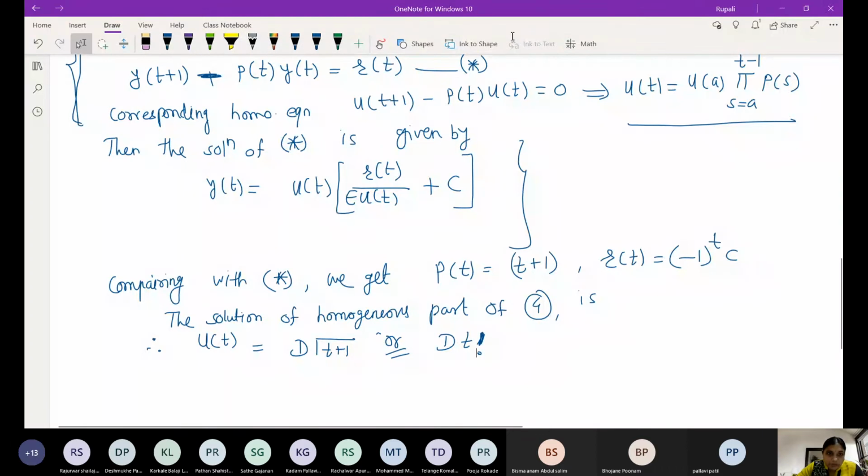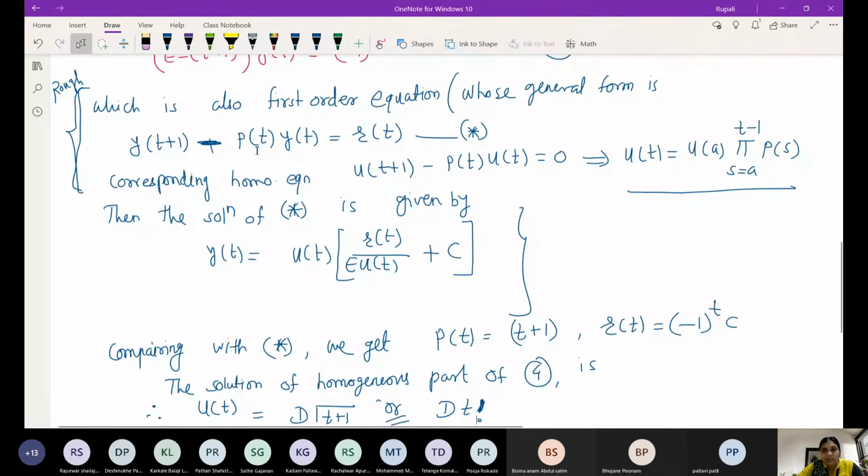Whenever P of t is t, or t plus 1, or t plus 2, we have to decrease by 1. It's factorial because we are taking the product up to t minus 1 only. If here P of t is t, then what would I have got? D times gamma t, or d times t minus 1 factorial.